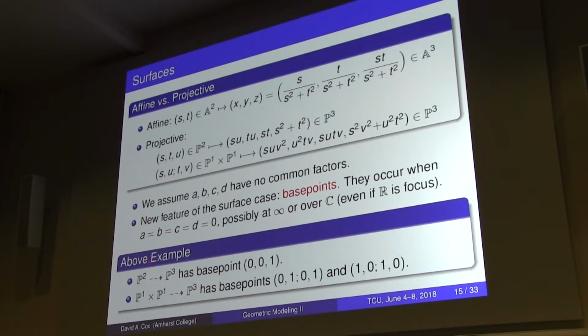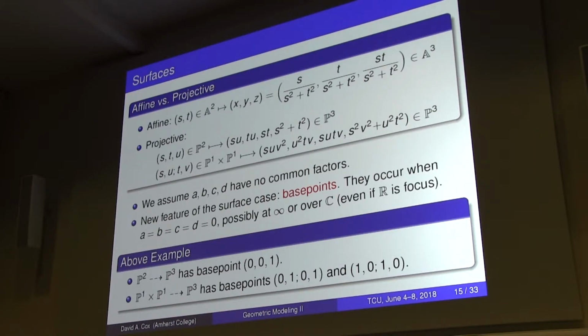correct viewpoint. So for example, in this case, notice that when S and T are both 0, everybody in sight vanishes. So 0, 0 is bad. And it turns out that in this case, when I make this one projective, that's the only base point I have.